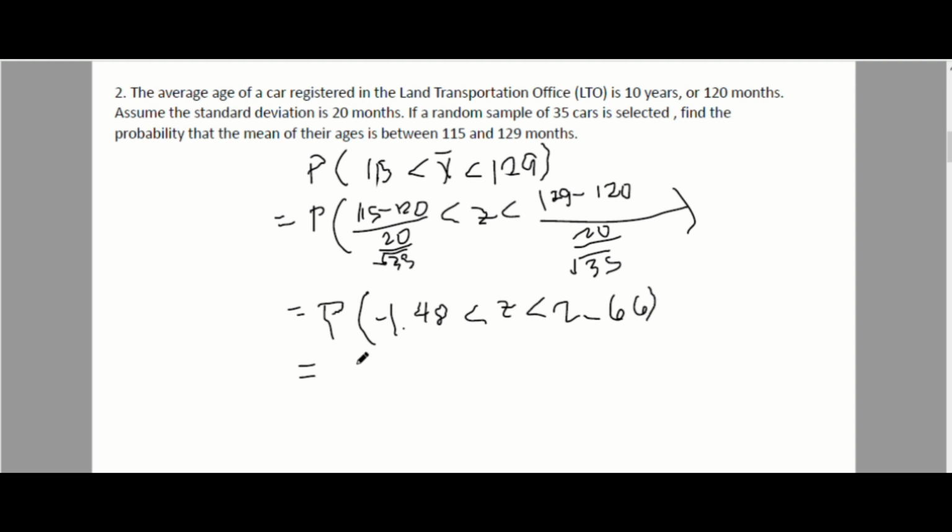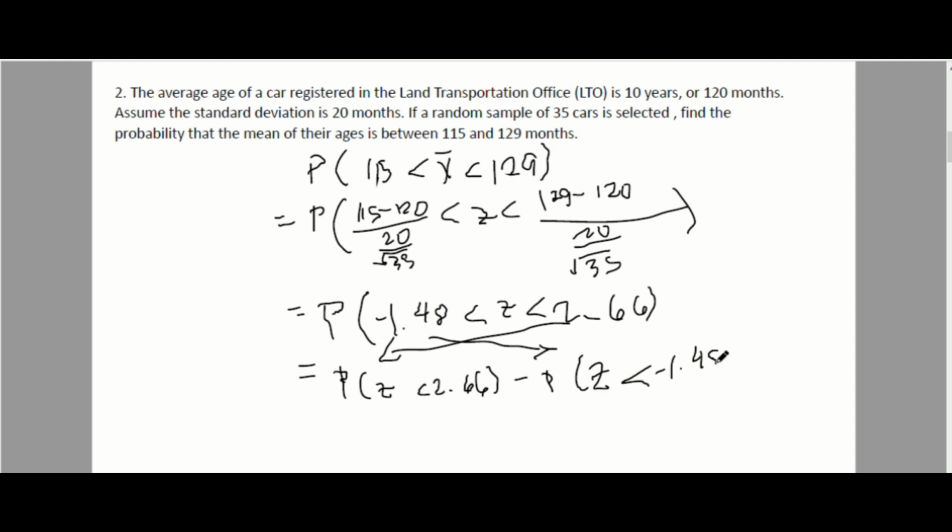Okay, so since this is between, our strategy is to have P of z less than 2.66 minus the probability of z less than negative 1.48.